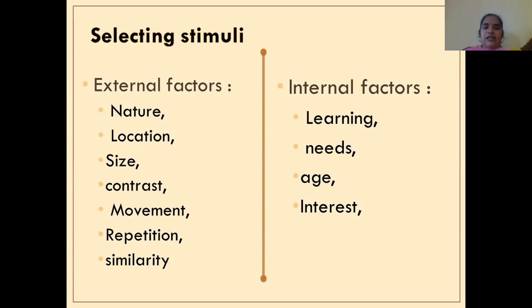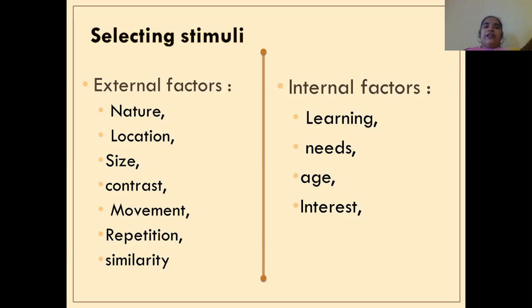Then contrast. Is the object camouflaged with its background or is it standing out in contrast to its background? The combination is like dark and light. If it is camouflaged, we will not notice it. Then whether the object is moving or stationary. A moving object is noticed better than a stationary object.